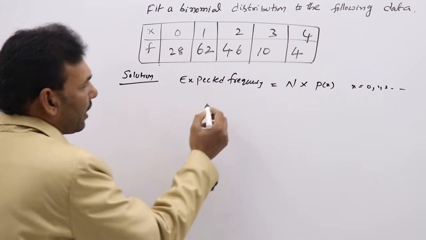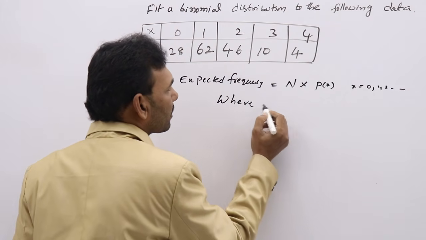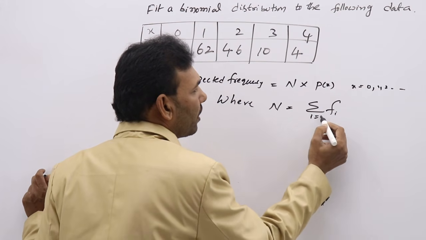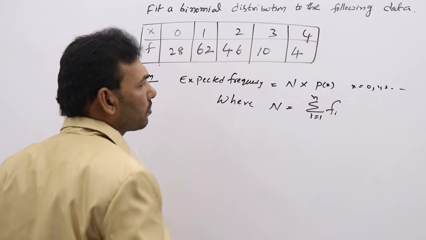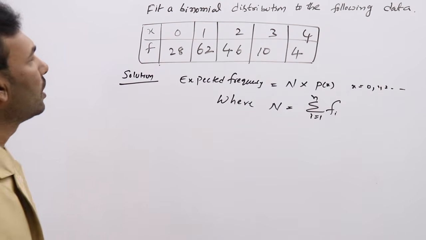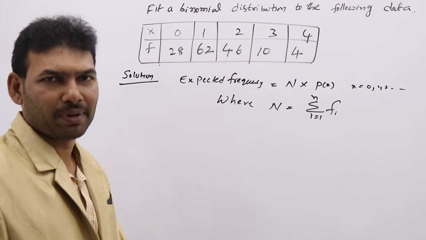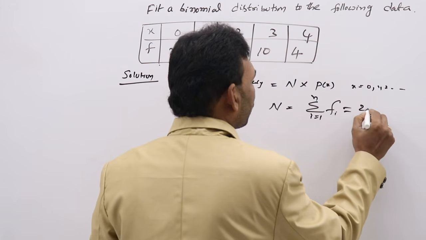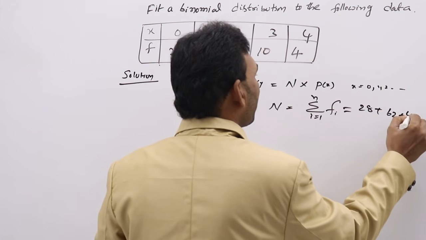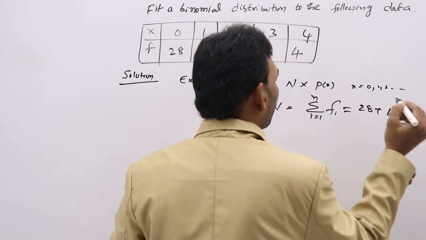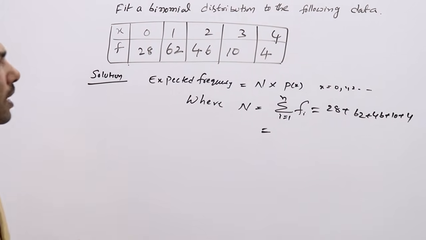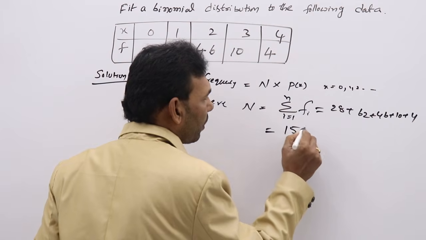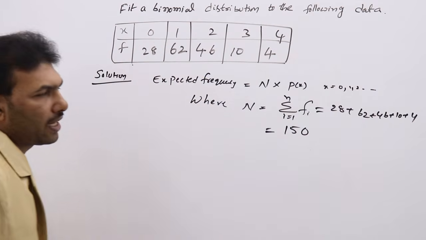Capital N means sigma fi for i equal to 1 to n. If you add the total frequencies, you will get capital N. In this problem, adding 28 plus 62 plus 46 plus 10 plus 4, that is capital N. Using your calculator you will get 150.